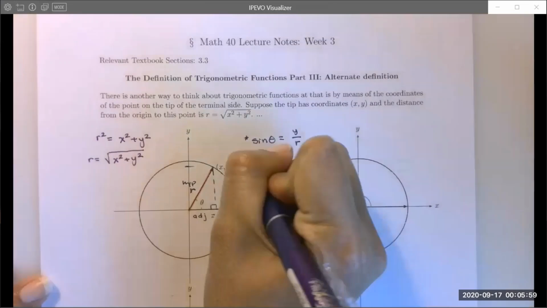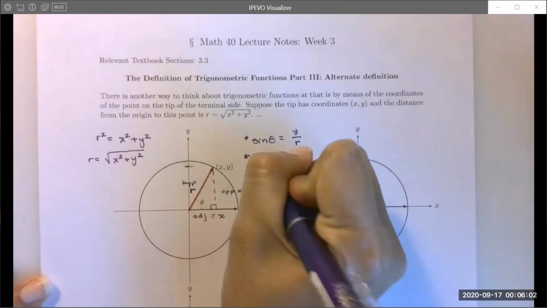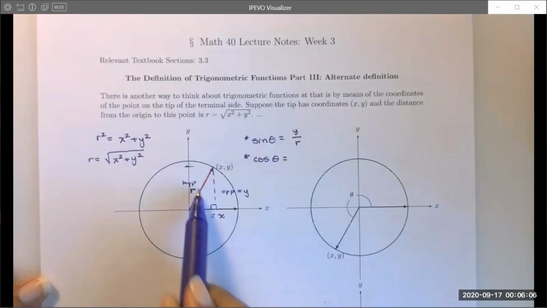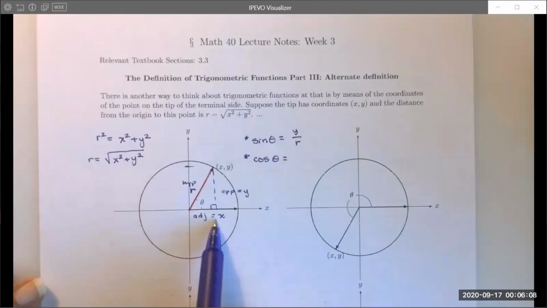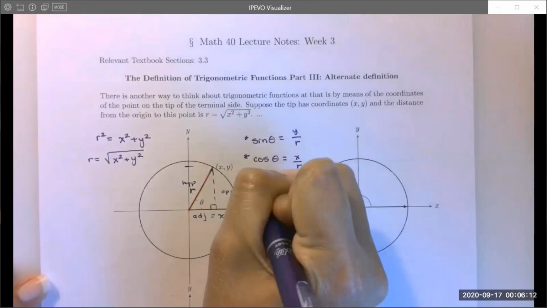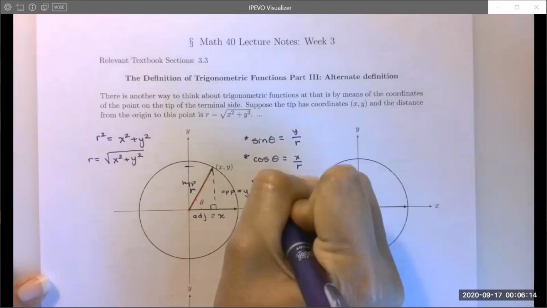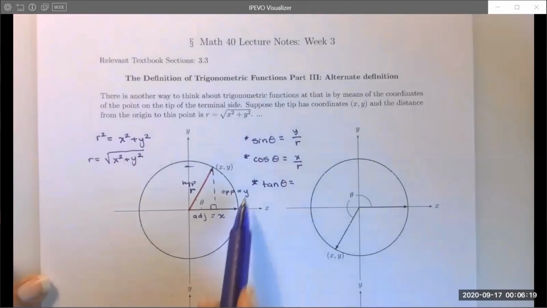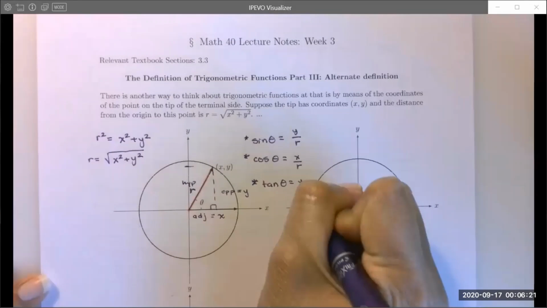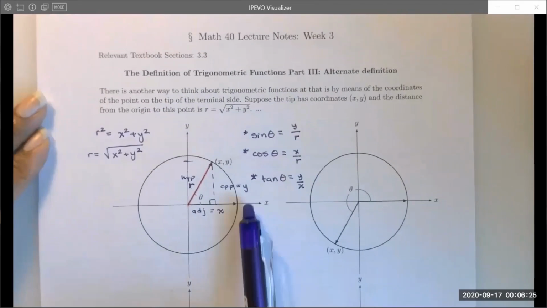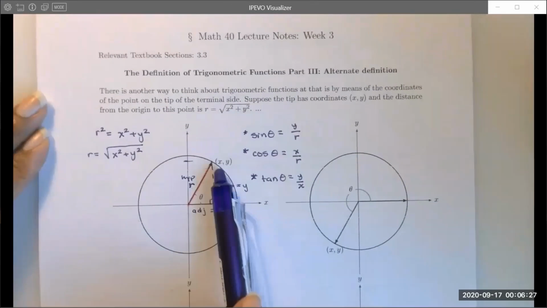For cosine theta, it was adjacent over hypotenuse, but adjacent is now this x, so we get x over r. And finally for tangent, it was opposite over adjacent, so we get y over x. Questions there in regards to how we're tying it back to this point x, y?